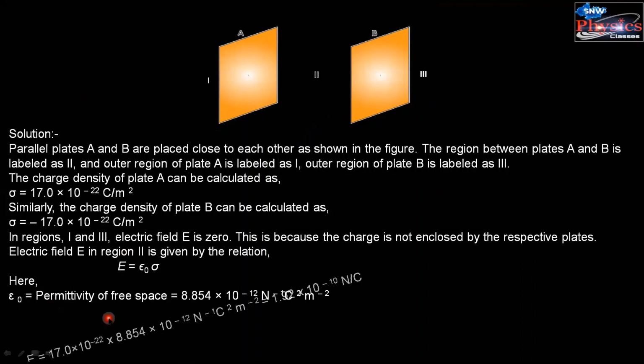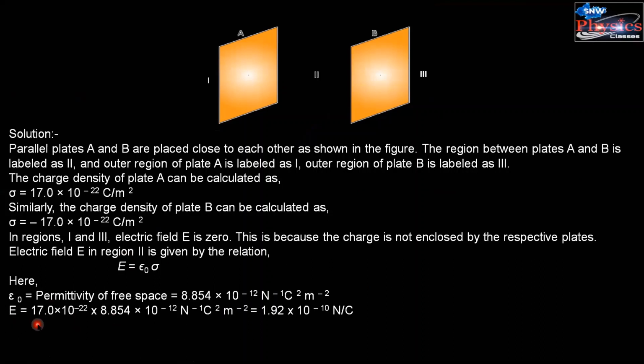So now electric field is equal to 17.0 into 10 to the power minus 22 divided by the epsilon naught, that is 8.854 into 10 to the power minus 12 कूलम स्क्वायर पर न्यूटन मीटर स्क्वायर. ठीक है, इन सबको कैलकुलेट करके we will get 1.92 into 10 to the power minus 10 Newton per coulomb. This is the answer to this question. Therefore, the electric field between the plates is 1.92 into 10 to the power minus 10 Newton per coulomb.